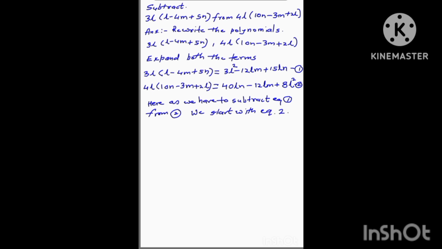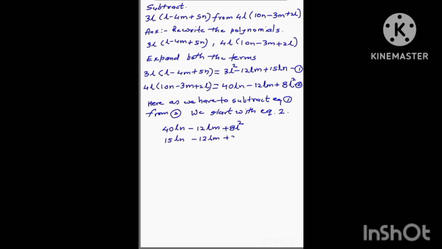So we will write equation 2 first and we will copy it as it is. You can even arrange in the beginning, but that might lead to some mistake. So copy it as it is, 40ln minus 12lm plus 8l square.